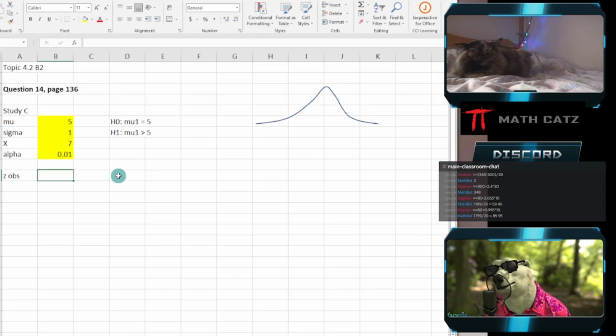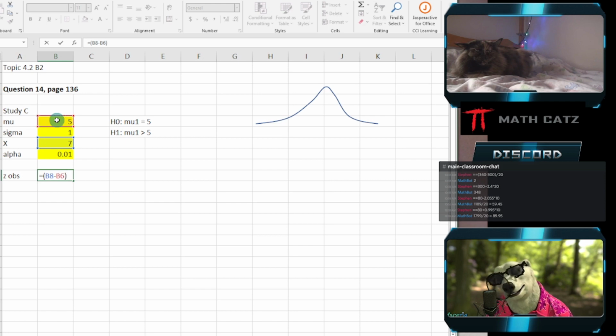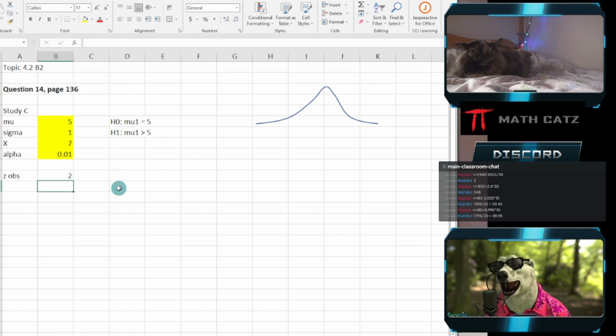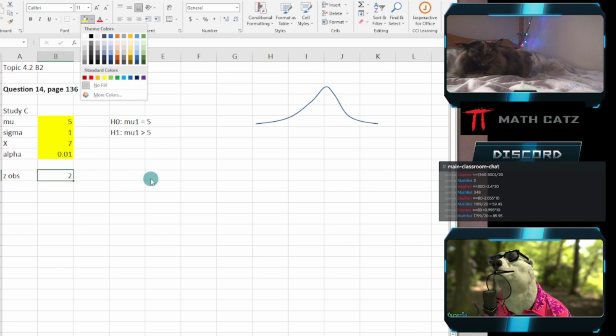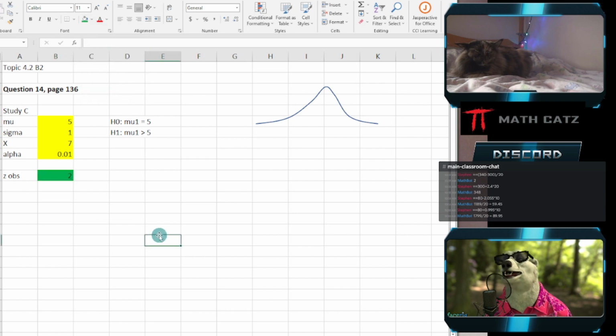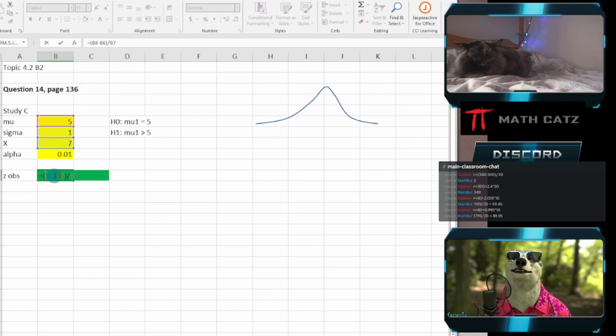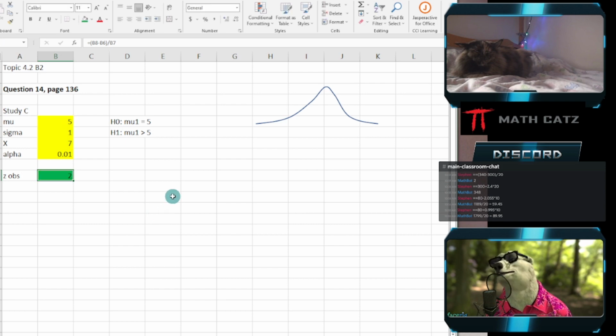So let's do that and say raw score is 7 minus mu divided by sigma. And I get a 2, which is a very nice, convenient number. So I observe a z-score of 2. I'm going to color it green because it is a formula, it is a calculation, to remind myself it used other cells to get its value that it's showing.